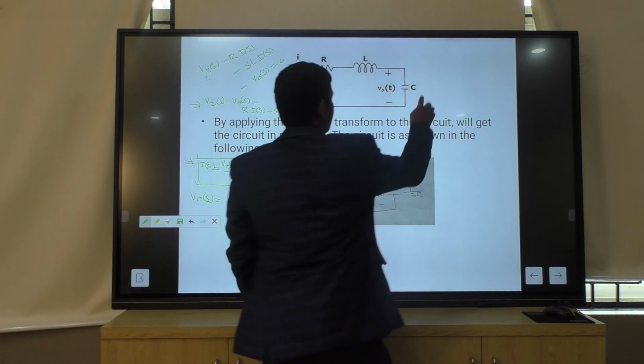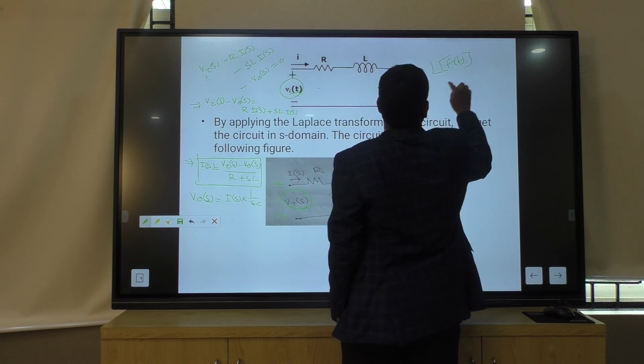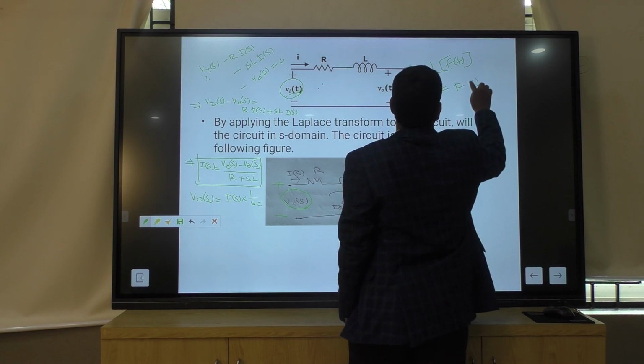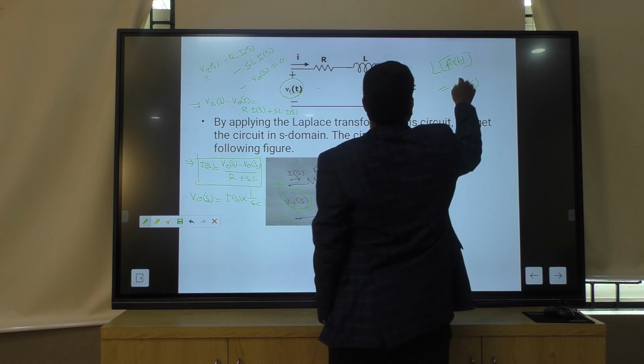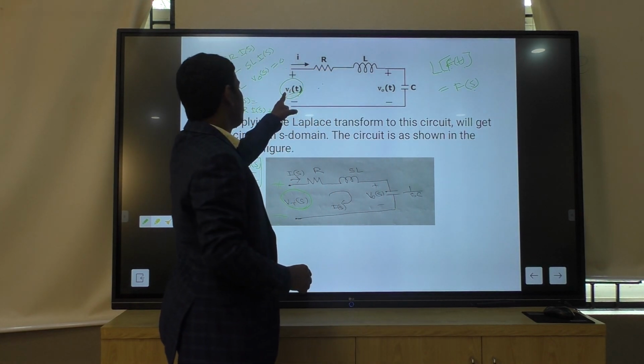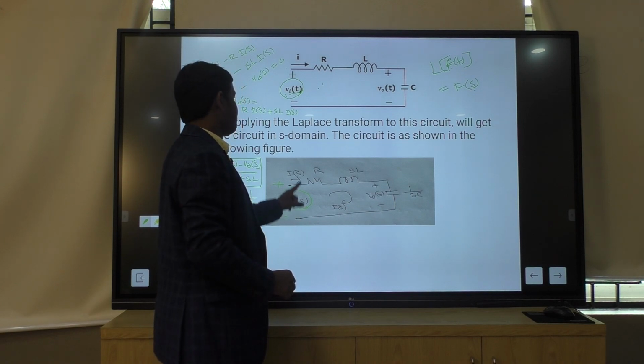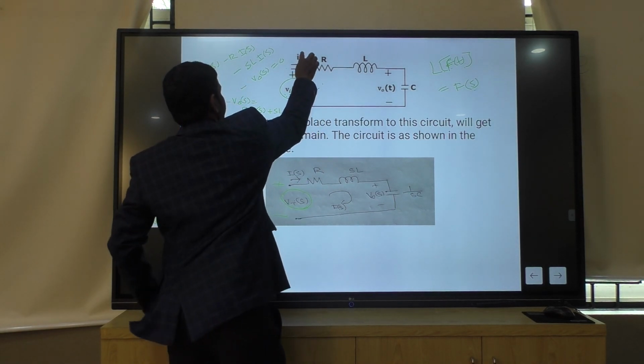You know that the Laplace of f(t) is F(s): small f becomes capital F, and t becomes s. So V_i(t) becomes V_i(s).